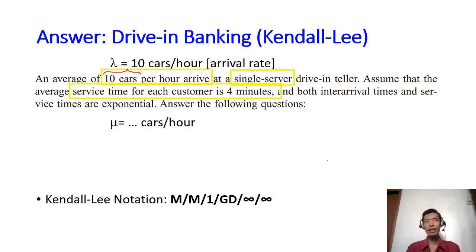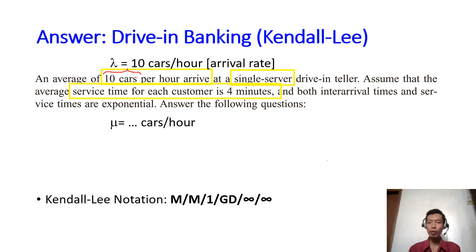It doesn't say how many cars per hour can be served by the system. Notice here that if the arrival rate has the units of cars per hour, then the service rate also needs to have the same unit. So mu must be in the unit of cars per hour.